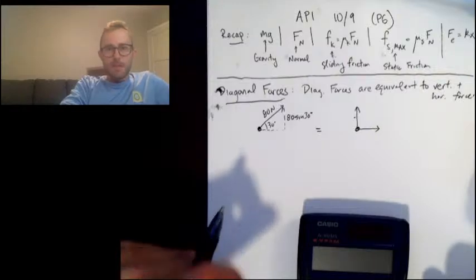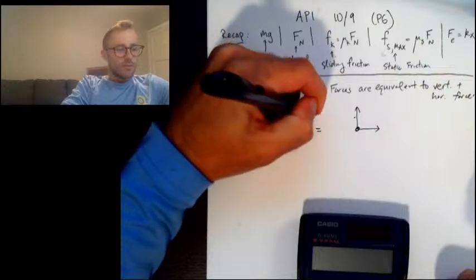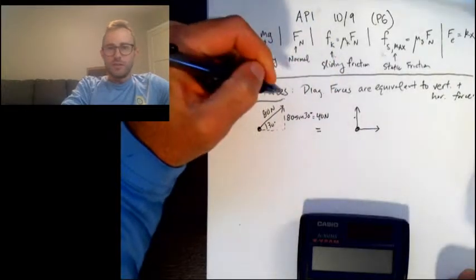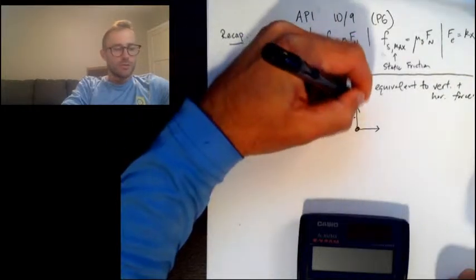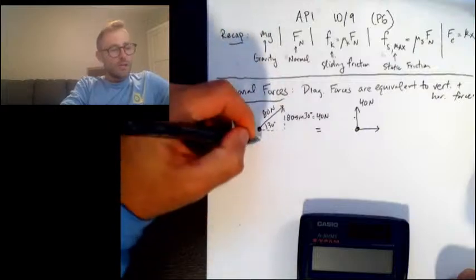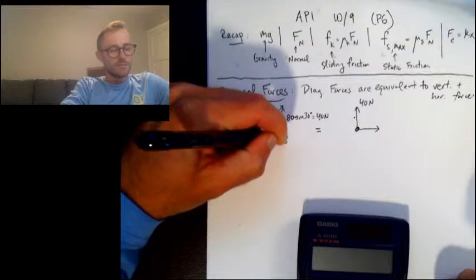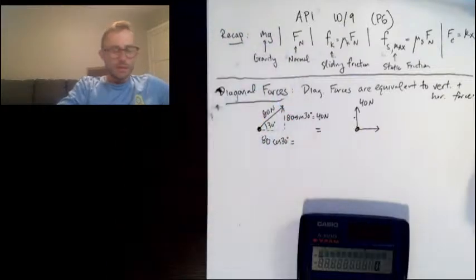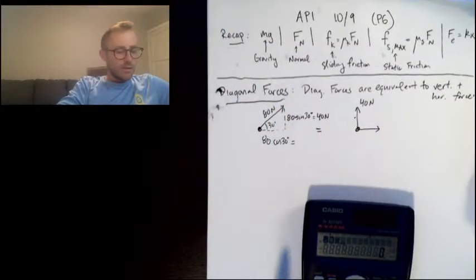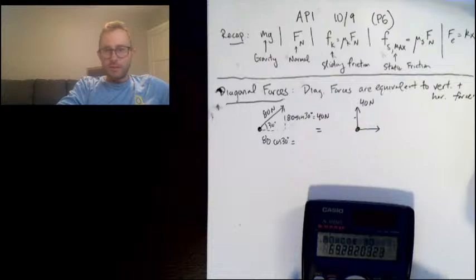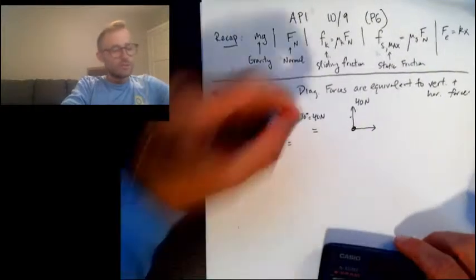And so that is going to be 40 newtons. So I could say that this upward force is 40 newtons. And then this horizontal component is going to be 80 cosine of 30. 80 cosine of 30 is about 69 newtons.